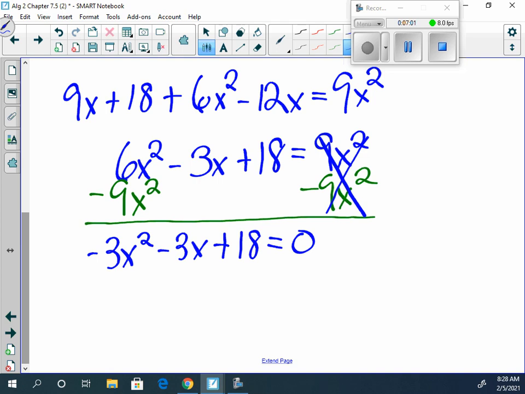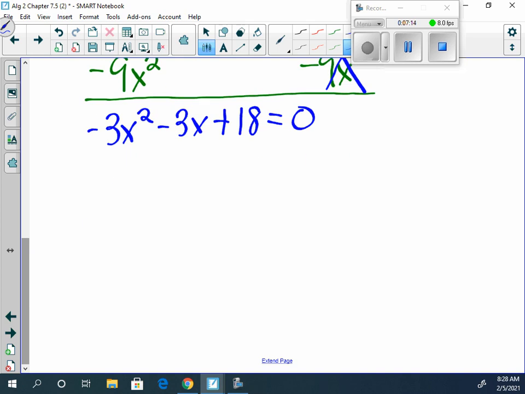So once we did that, we have 3, 3, and 18. Those are all divisible by 3, yes? So with these here, I can factor out a negative 3 from all 3 terms. I can divide by negative 3 on all terms. Either one is going to do the same thing.